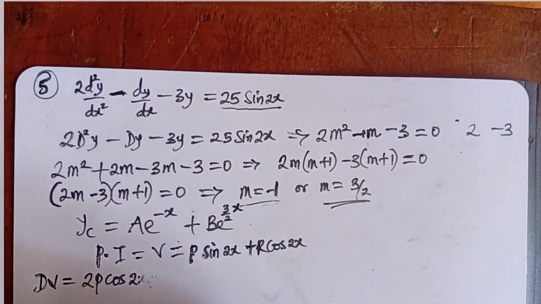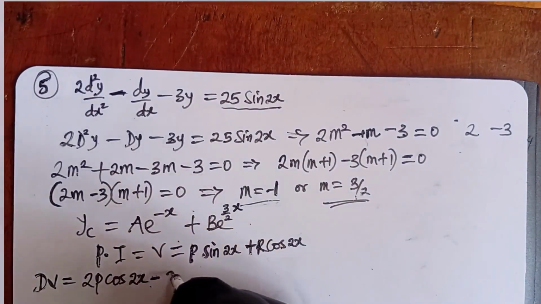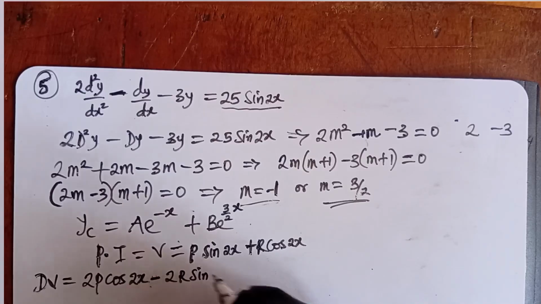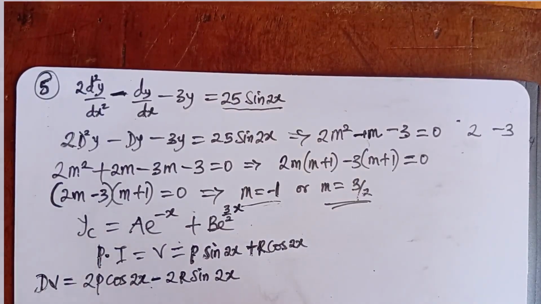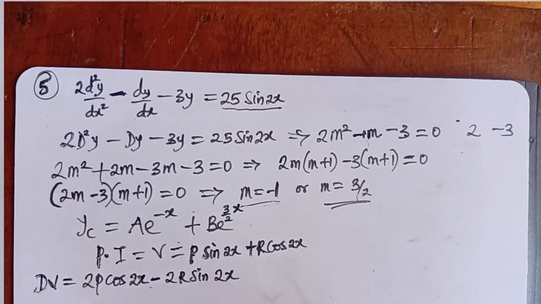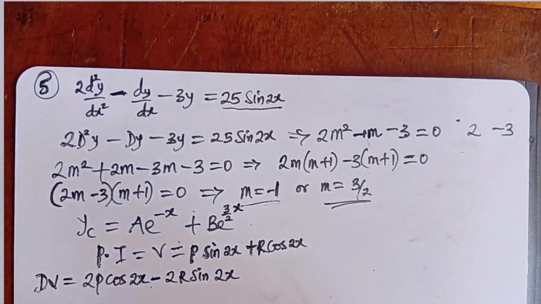So I want to just write my minus. Then 2 times r is 2r sine 2x. I've differentiated p sine 2x plus r cos 2x. That's the first derivative of that particular integral.